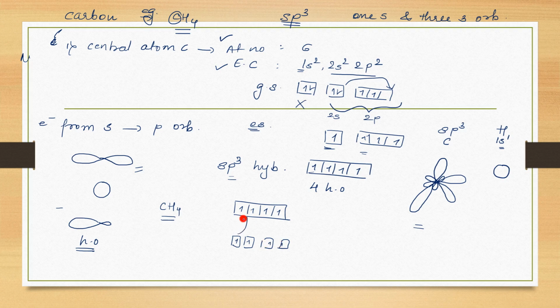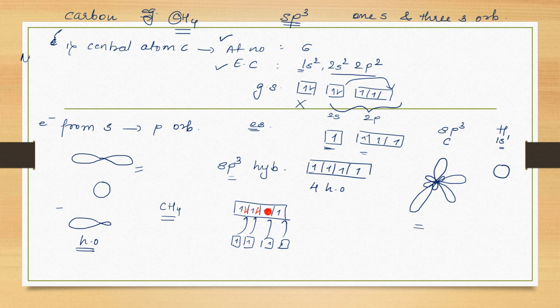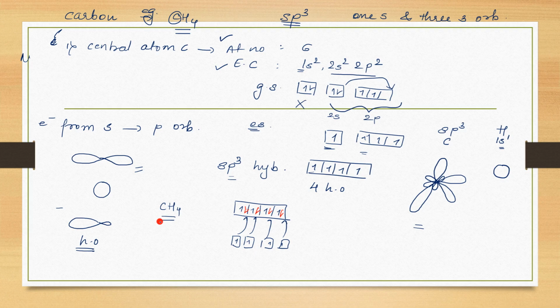So now this single electron is shared by each. So I'll show a different shape, a different color. So the red one is the electron from hydrogen. So four hydrogens are required for formation of methane. Okay, so for formation of methane, this is how the bond formation takes place, sharing takes place.